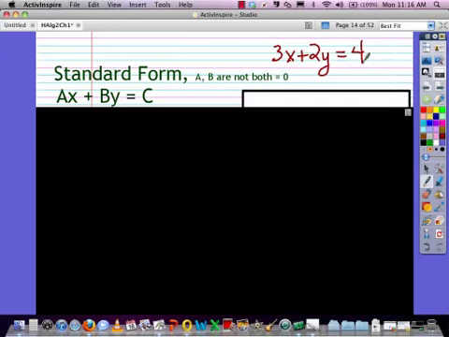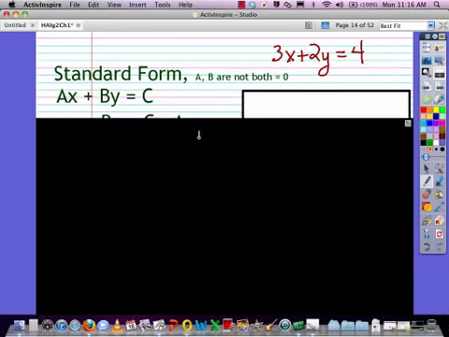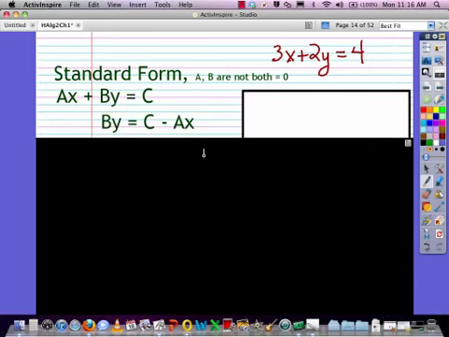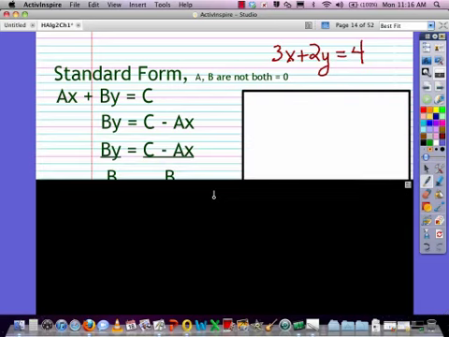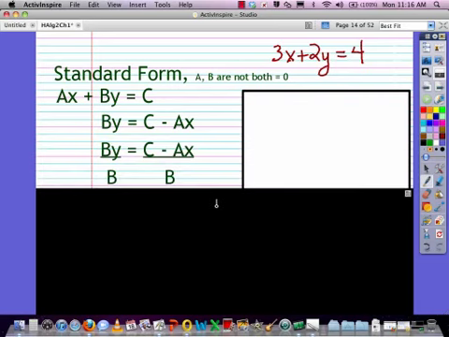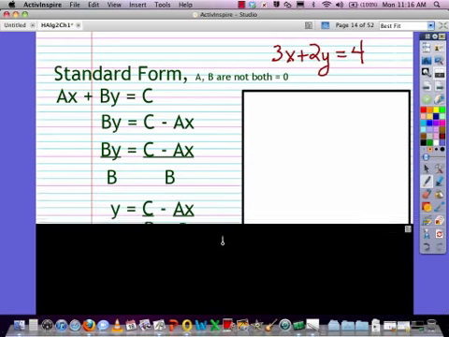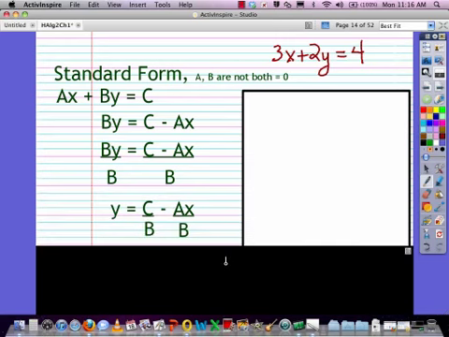In doing that, we would first move the ax term to the other side by adding its opposite. From there, we would divide by the b value and reduce, and we would end up with y equals c over b minus ax over b.